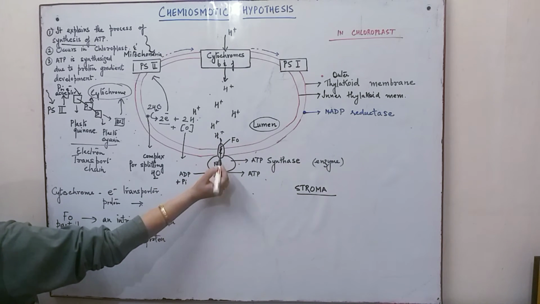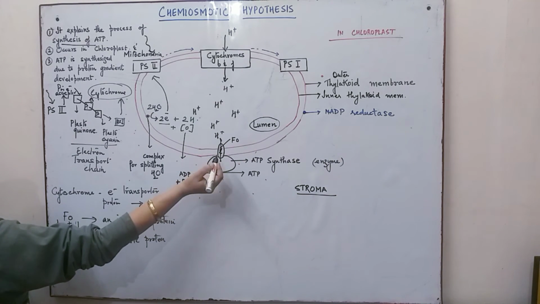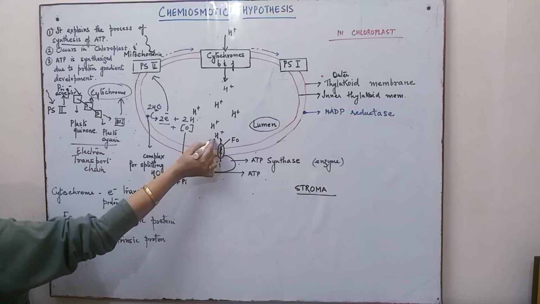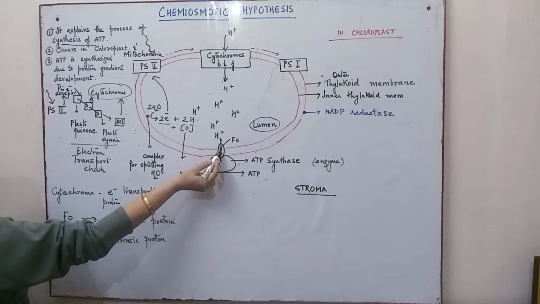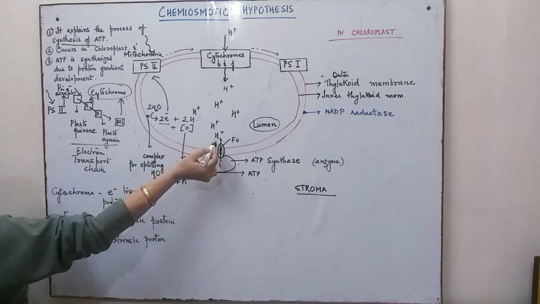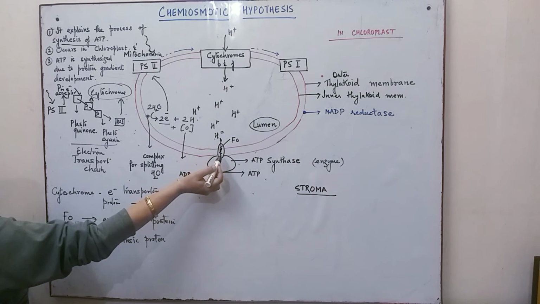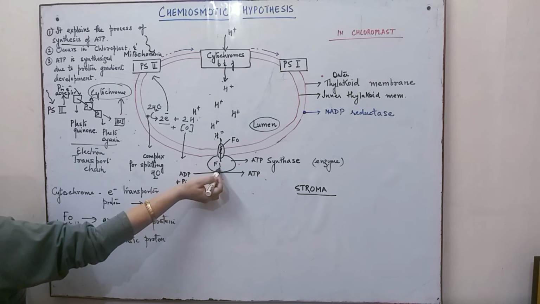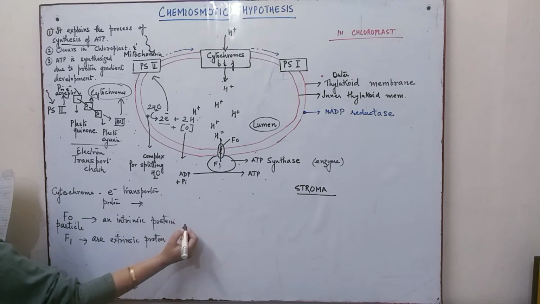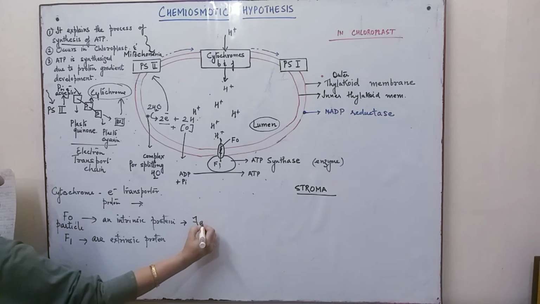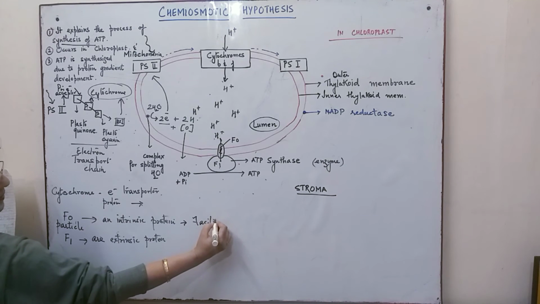over here. This energy is released by the proton because the proton will bind to F0 and pass through this, entering into F1. So here the F0 helps in facilitated diffusion.